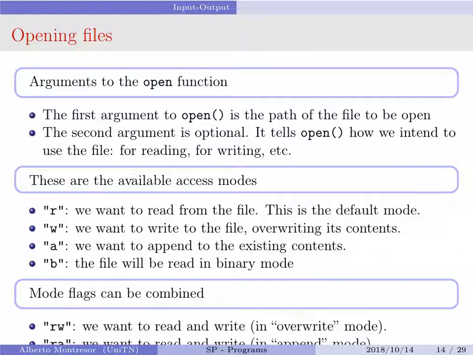But if you want to specify it formally, you can use an r, meaning that you want to read a file, or a w, to write a file, an a, which means that you append at the end of the file, or a b, which means that the file is read in binary mode, that we are not going to use now. And you can also combine them, like r+, which means that you are able both to read and write the file, or a+, reading and appending at the end of the file.